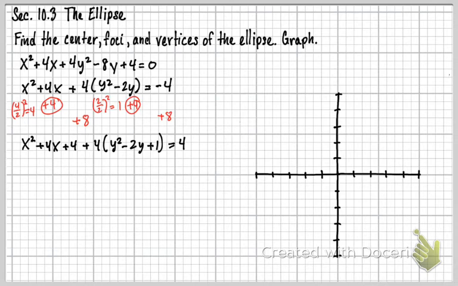So now all I'm going to do is factor these. Now again, since I set them up, they are perfect squares because that's the way we design this. All right, so that's going to be x plus 2 squared plus, and then I'm going to have this 4 here. And then this is going to be a y minus 1 squared, and that equals 4.